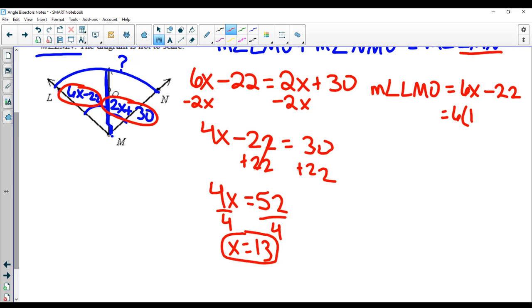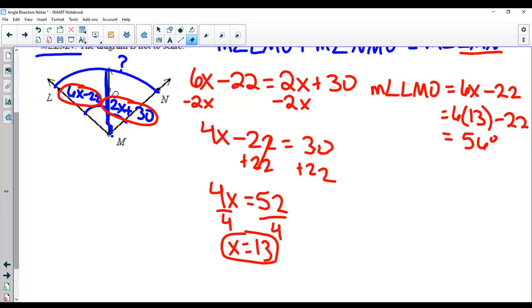Ah, that's funny. 13. And you type that in your good old calculator, you should get 56.